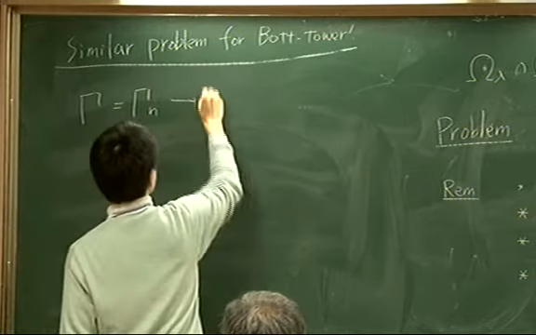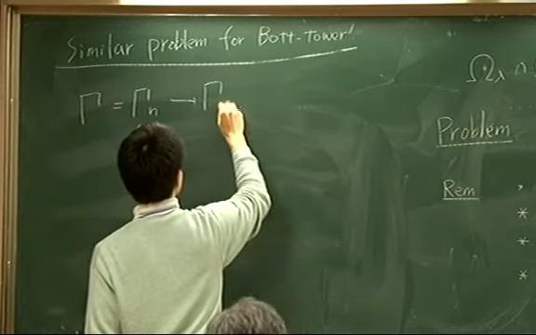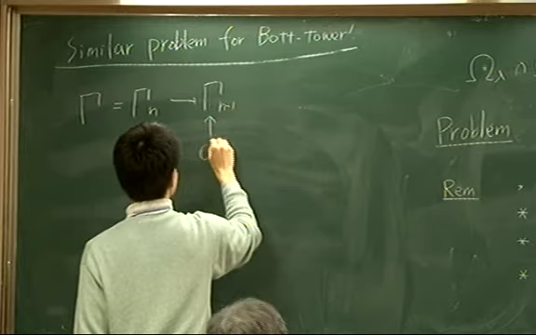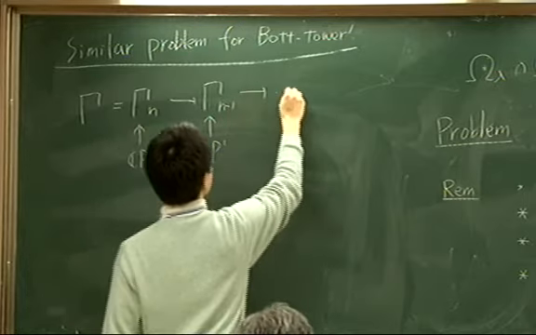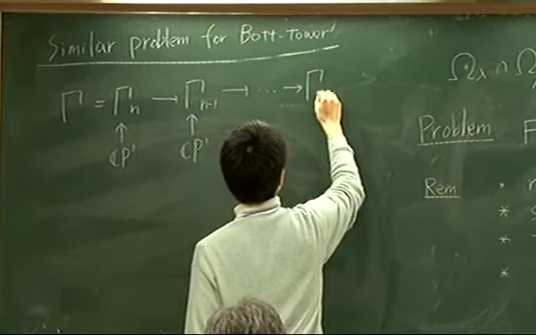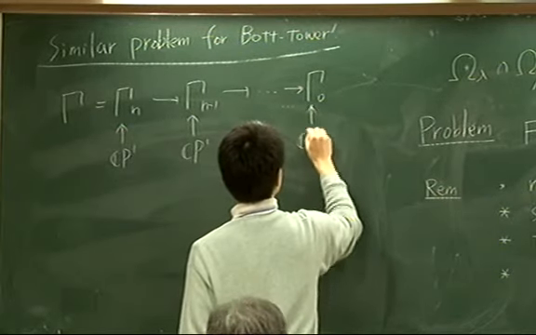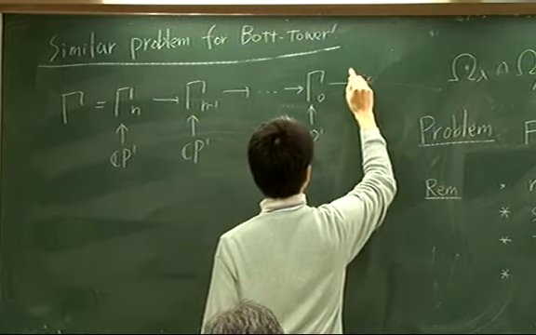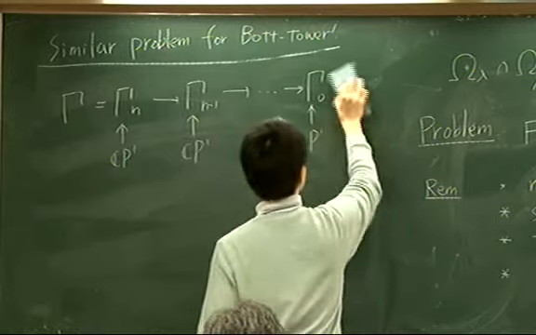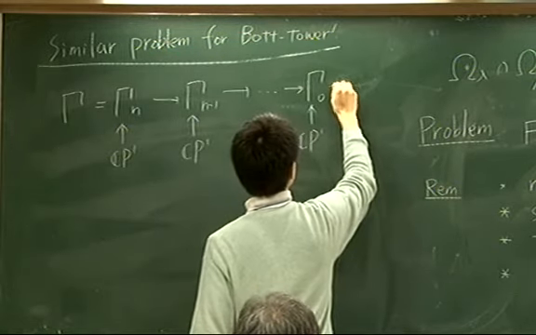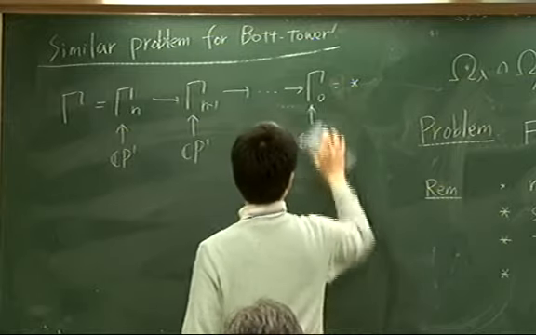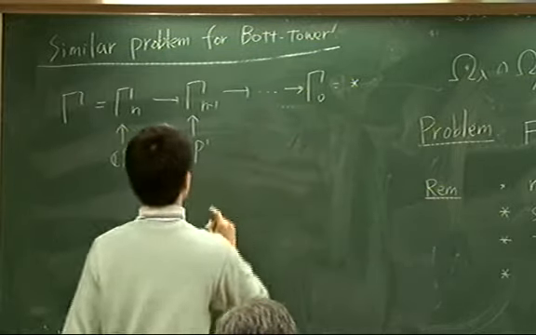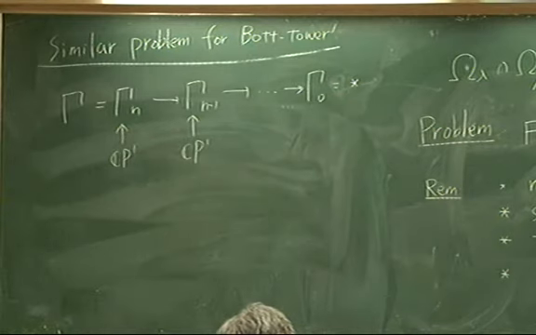A Bott tower is a sequence of CP1 bundles, where the first stage is just over a point. Each stage must be written as a projectivization of two line bundles.